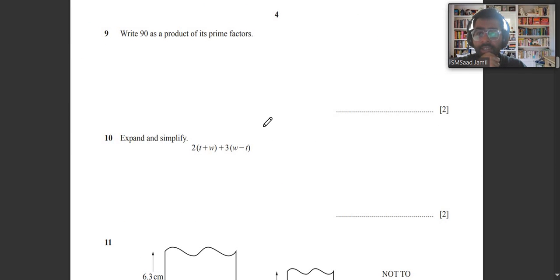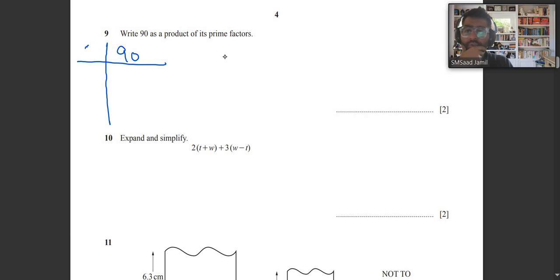Now it says write 90 as a product of its prime factors. So very easy guys, make a table like this, 90. So start with the smallest number, 2 45s are 90, okay. My bad, sorry. It's not 2 60s, it's 2 45s are 90.